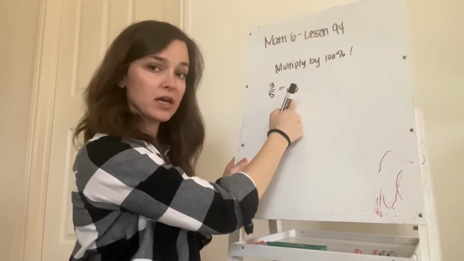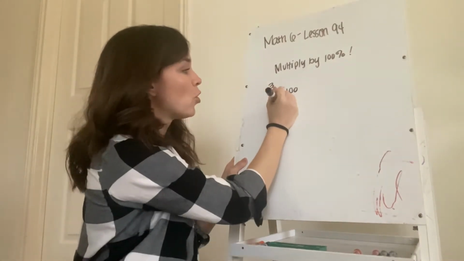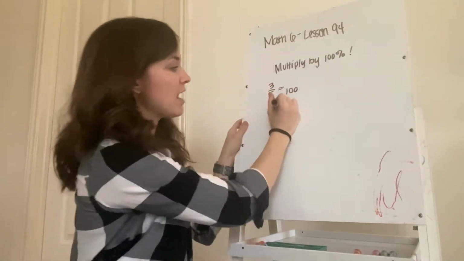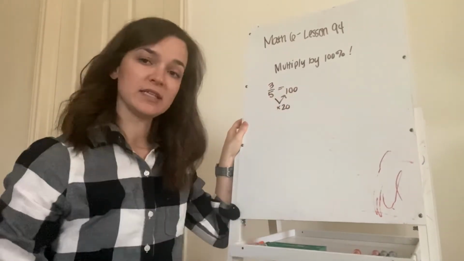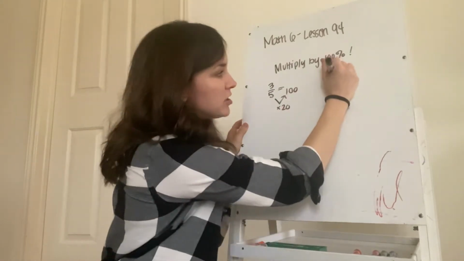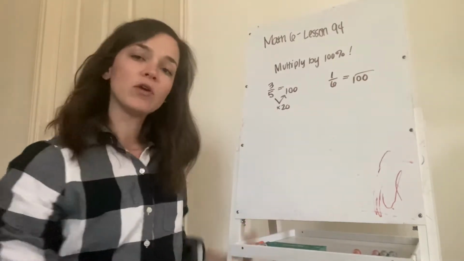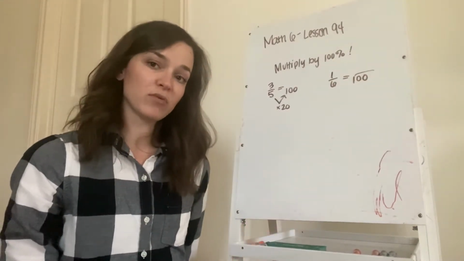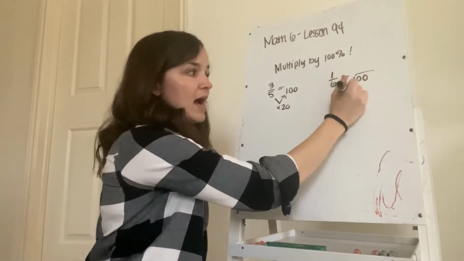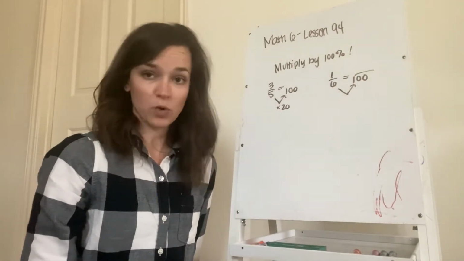Take, for example, 3/5 to 100. This was easy, and it was something that we could do reasonably, because we know that 5 times 20 equals 100. What happens when we have a fraction like 1/6, for example, and we want to turn that one into a percent? Well, do we have a whole number that we know of that multiplies by 6 to give us 100?